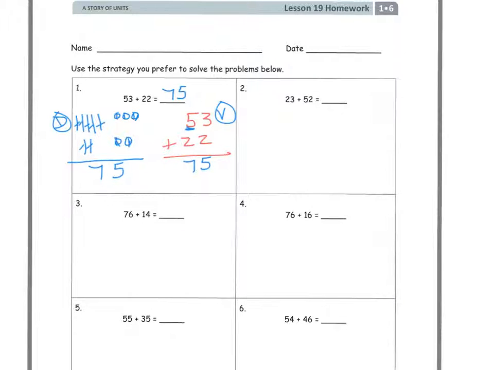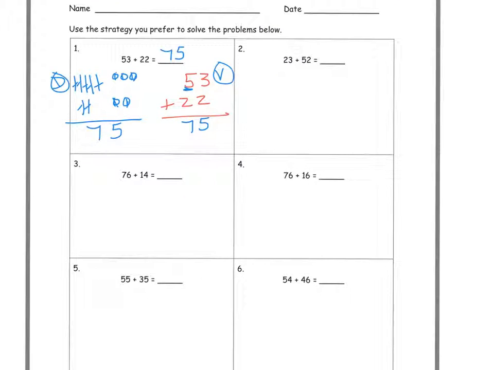Okay, let's take a look at 3, and I'm going to do a number bond for this one. So if you like any of the strategies in one and that's the one you prefer, you can do all of them like that, but I'll show a different one over here. So what I'll do is, I see I have 76 and I need 4 more to get me to my next 10.